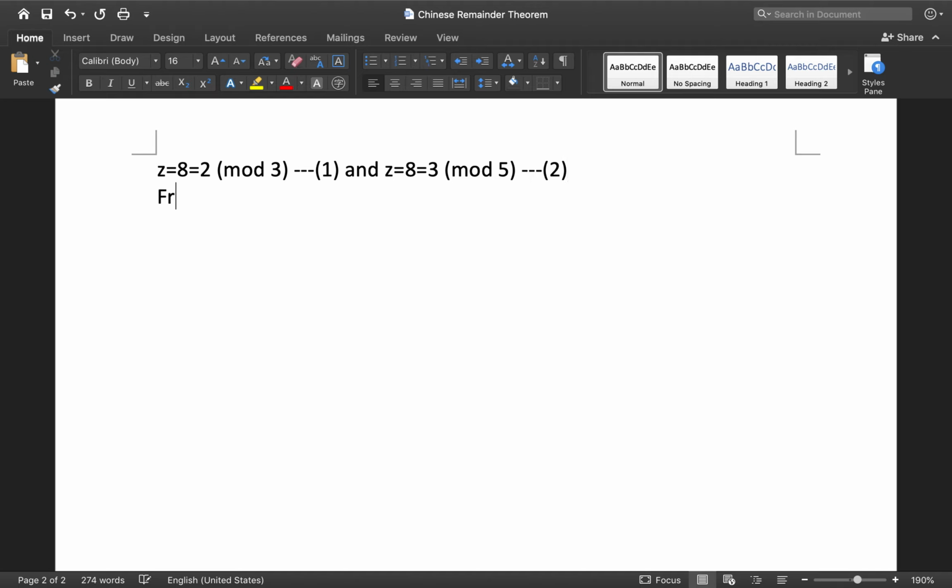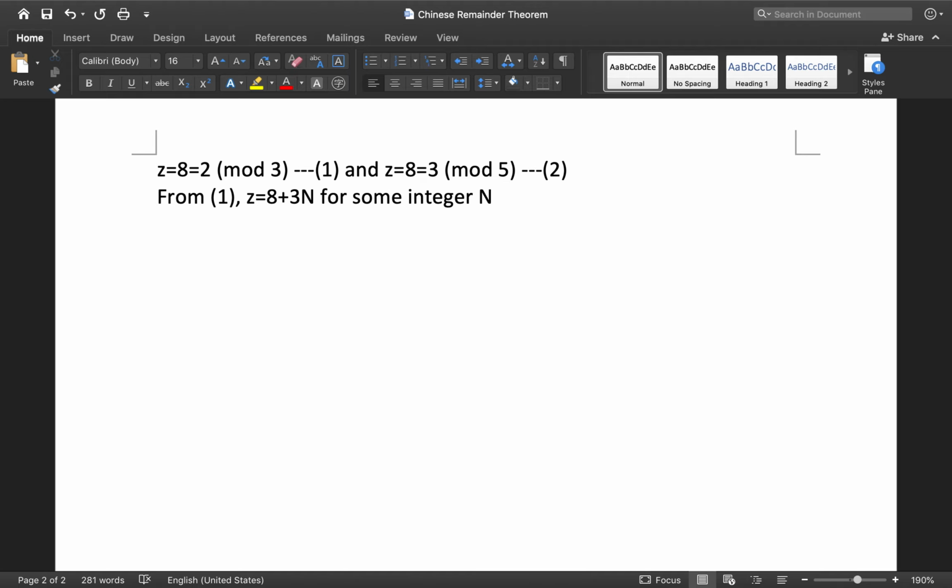Now from 2, from 1, we can take z equal to 8 plus 3n for some integer n.